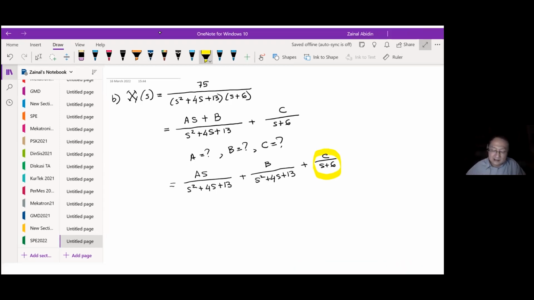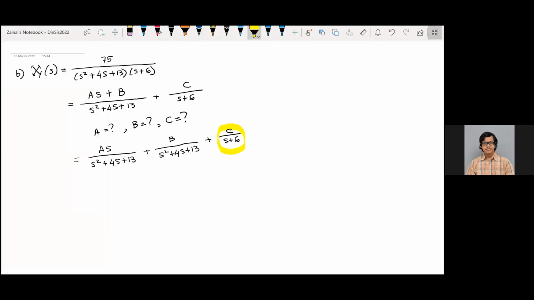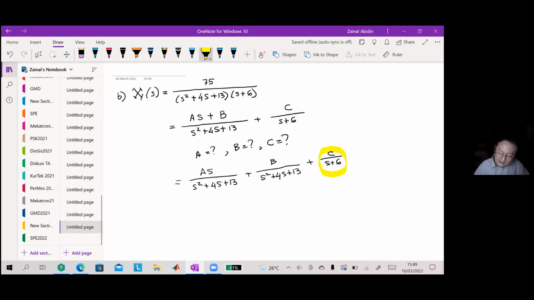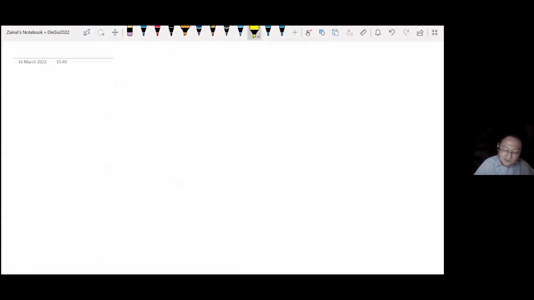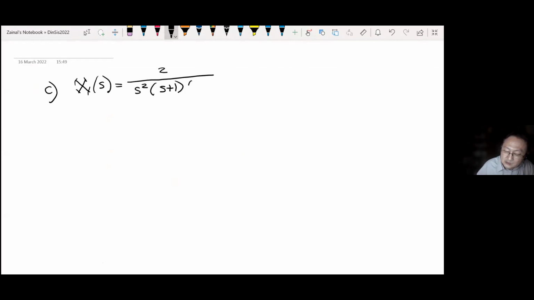Okay, next one is something like this one. If you have X(S) equal to 2 divided by S squared multiplied by (S plus 1) multiplied by (S plus 2), you can use identity.